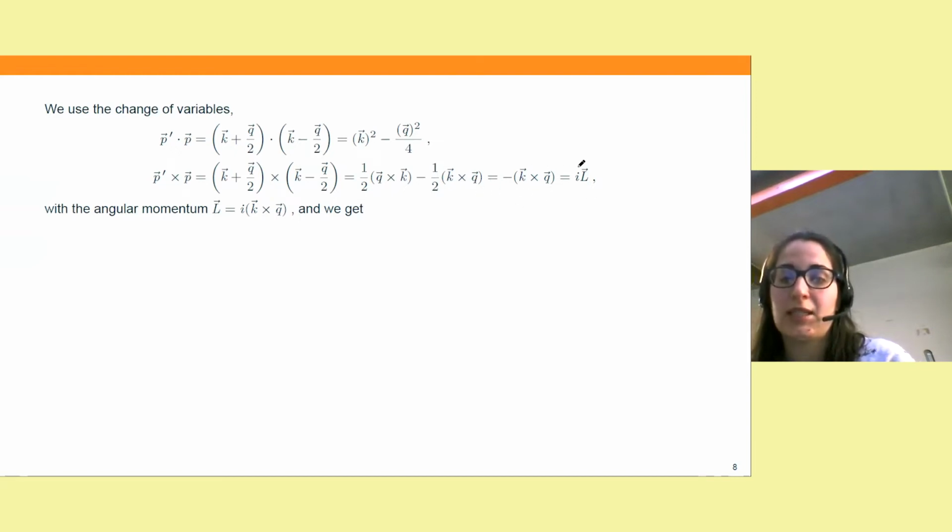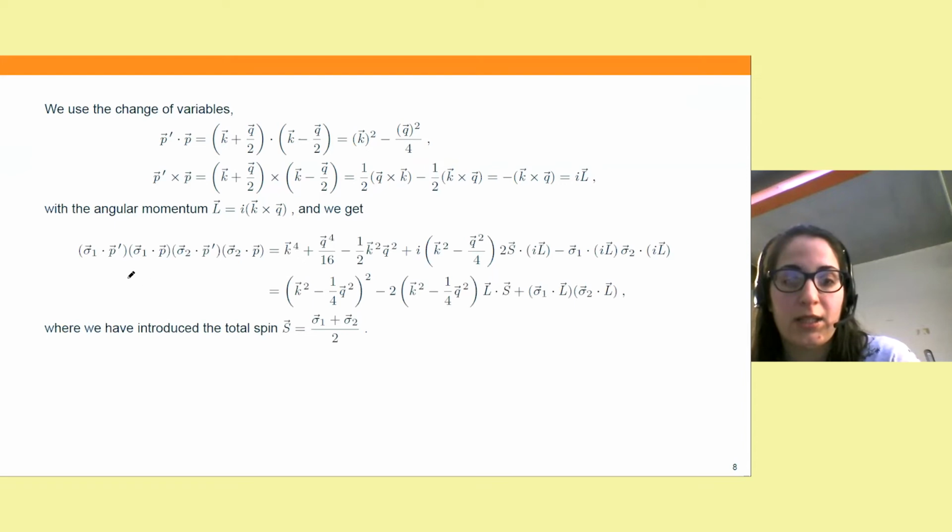And we can see that this is exactly the definition that was given to us in the exercise for the angular momentum operator, okay? And we see that it's just P prime times P. So with this, we work out the expression that we had before, okay?